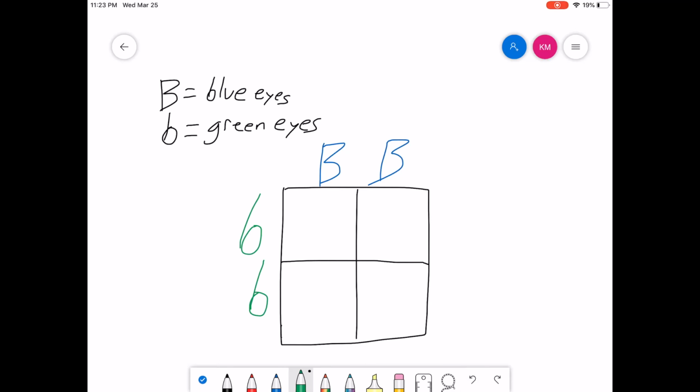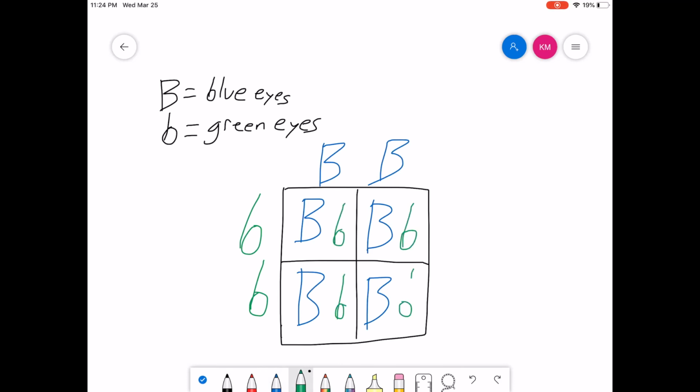By the rules of the game that we have set up, the only possible way that you can have green eyes is to be homozygous recessive. So this gives us individuals where I won't draw all the lines again, so I don't clutter it too much, but to fill in our Punnett square, this gives us big B's as well as a little b in each and every square.